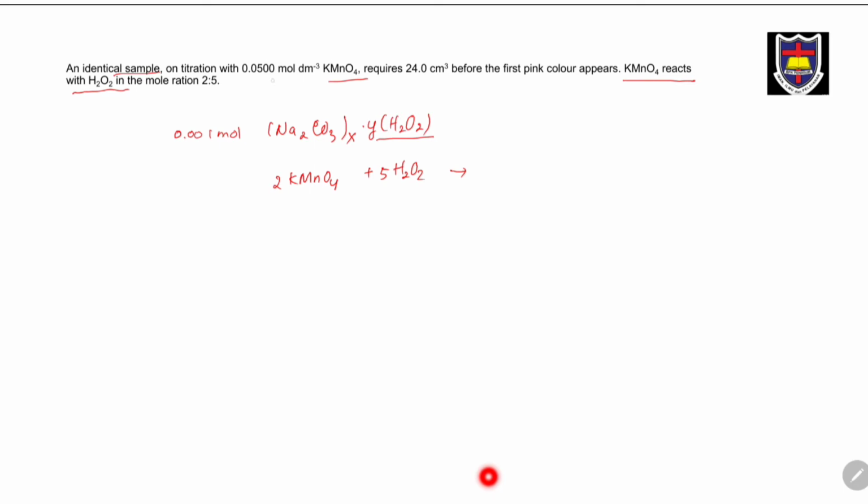Then the concentration of KMnO4 is 0.05. So we find the mole is molarity times volume: 0.05 times the volume 0.024 dm³. So the number of mole is 1.2 times 10 to the power of minus 3 mole.